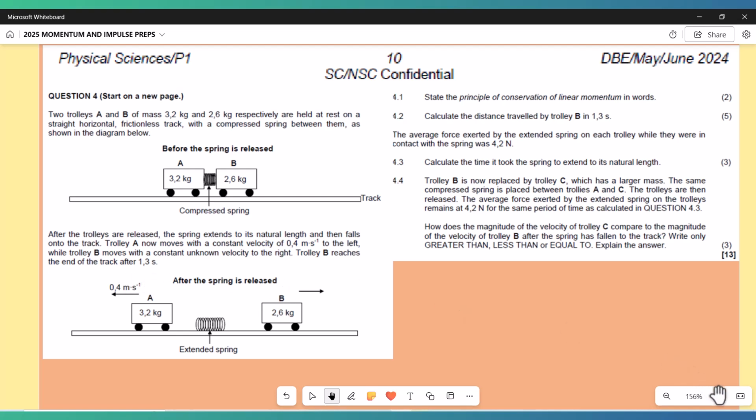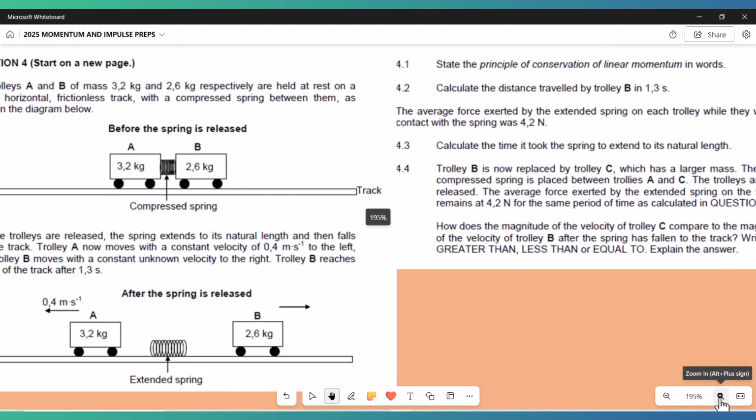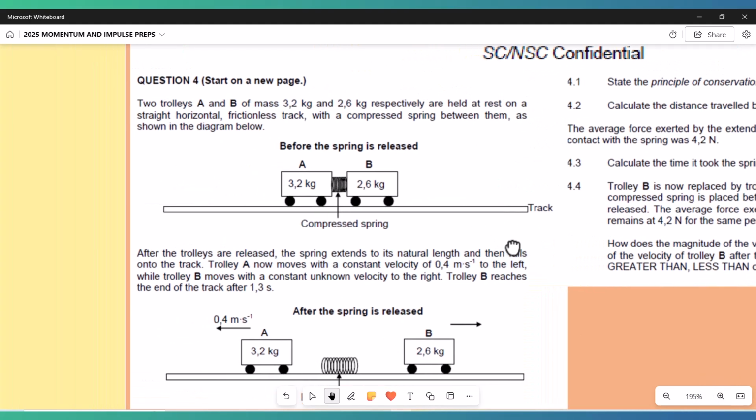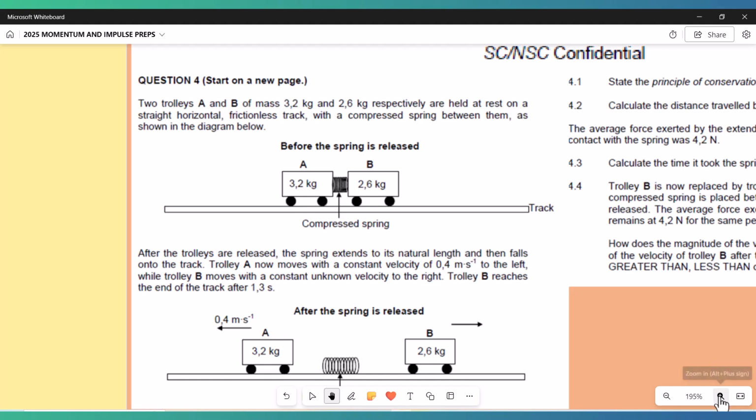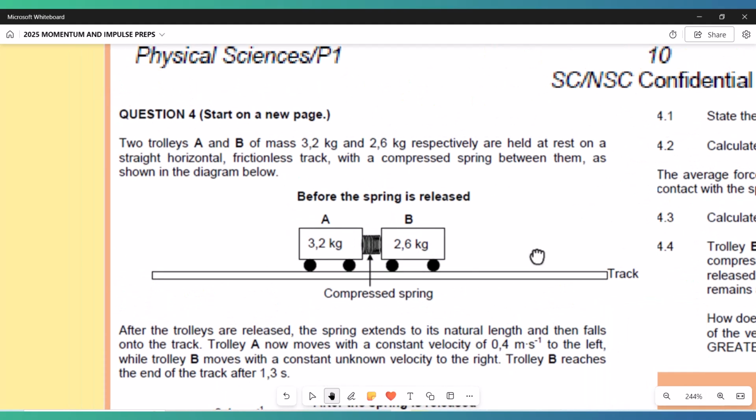Okay, I repeat the question. They said that two trolleys A and B of masses 3,2 kg and 2,6 kg respectively are held at rest on a straight horizontal frictionless track with a compressed spring between them, as shown in this diagram.